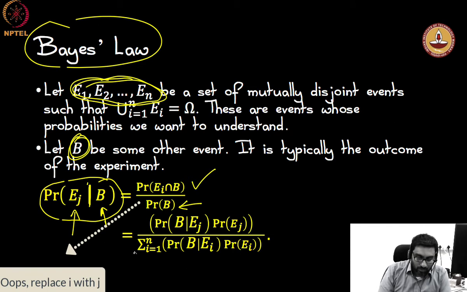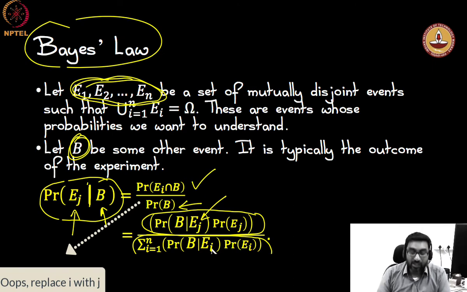And now you expand that out using the law of total probability. And similarly, the numerator, you apply the formula for conditional probability. But the important thing is, on the right hand side, you're going to condition on the EJ events.